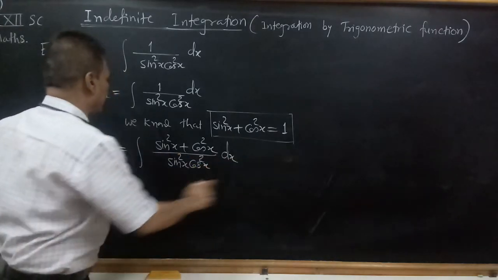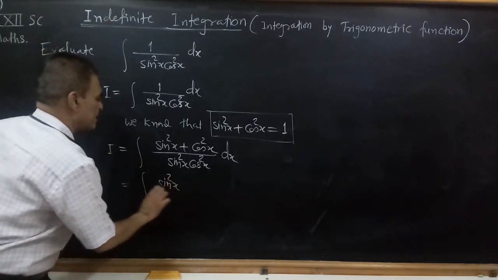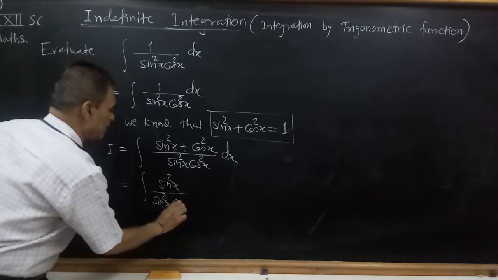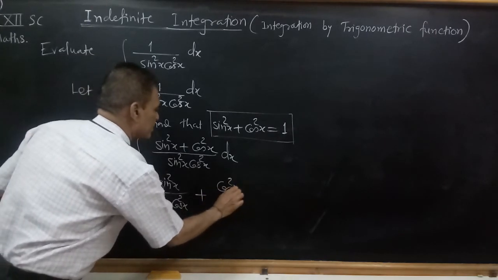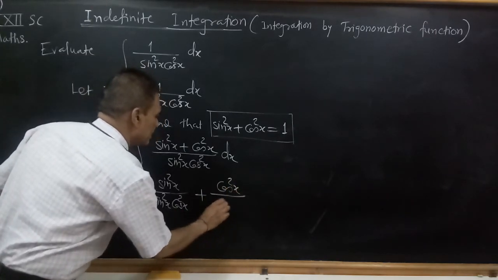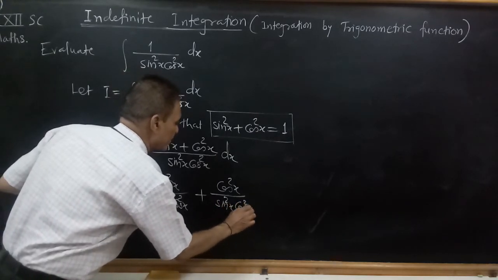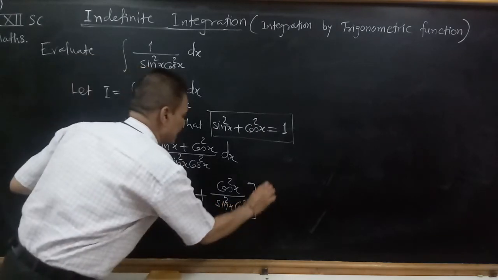You can separate the denominator, you will get sin square x divided by sin square x into cos square x plus cos square x divided by sin square x into cos square x, and dx.